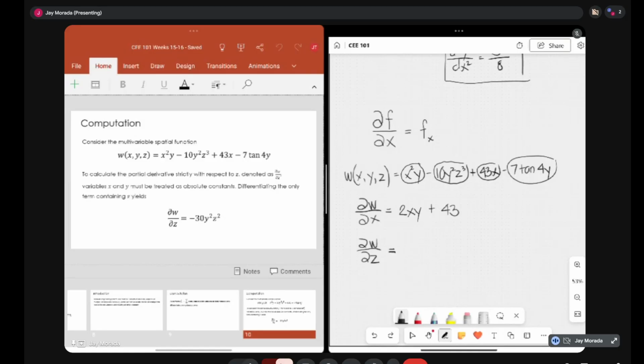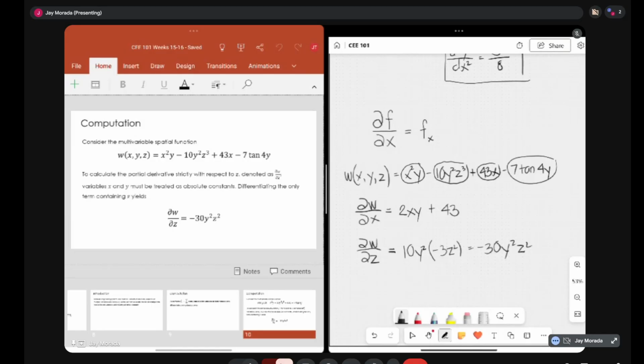So that leaves us with 10y squared. We only have to differentiate negative z cubed. So that is negative 3z squared. Simplifying, we have negative 30 y squared z squared. Okay, what about the y? So you can do that on your own, no?